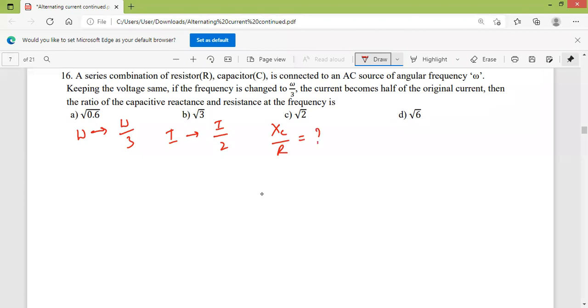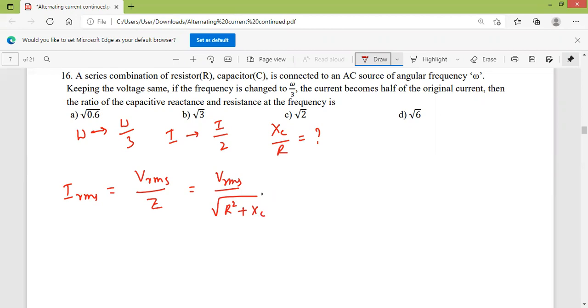We know that for the current IRMS, from Ohm's law for a series LCR circuit, it is VRMS by Z. VRMS divided by Z is square root of R square plus XC square, because it's an RC circuit.